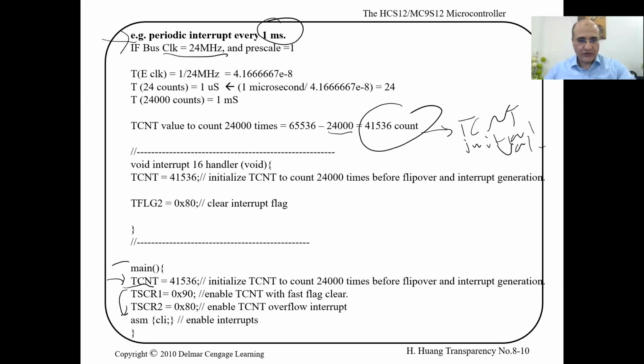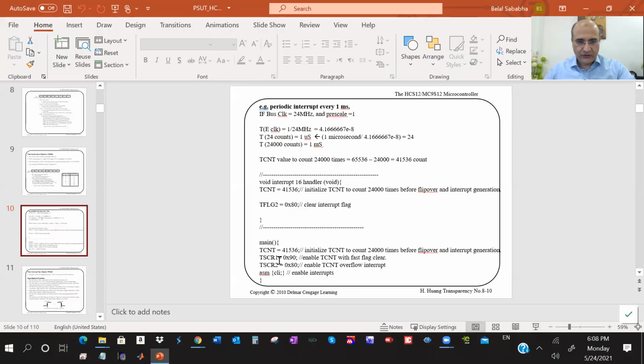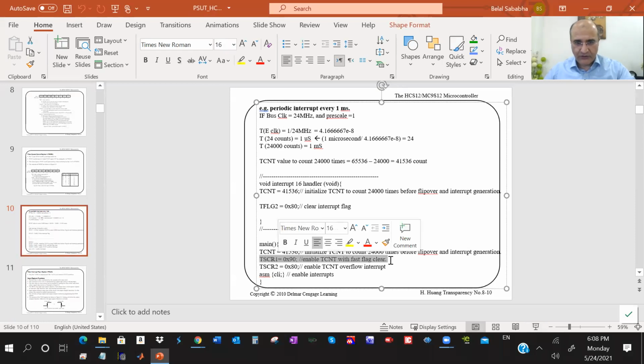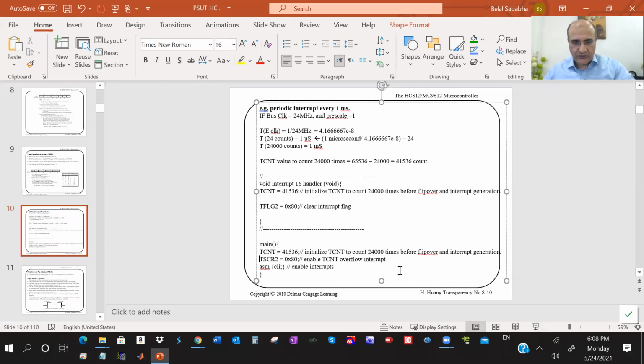Okay, so let me fix this code. TSCR1 should come after the other setup, before we enable the count. I'll update the slides after the class. Before enabling the counting, we need to enable other stuff.